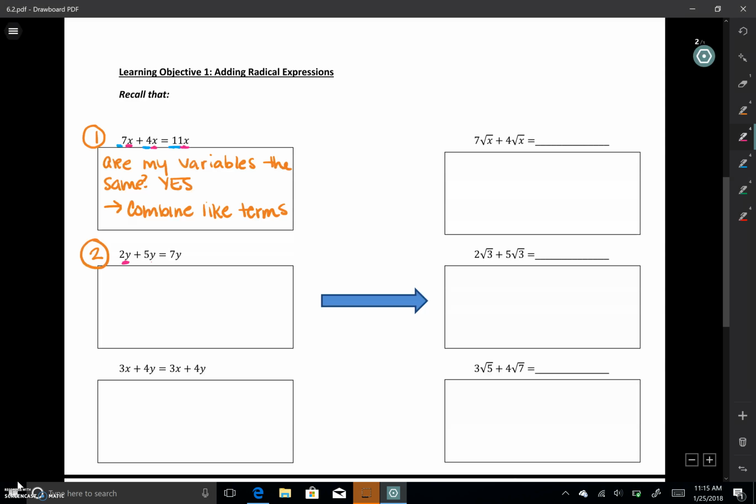I'm asking myself, do I have the same variable? The answer is yes. And so I'm going to go ahead and add my coefficients 2 plus 5 to get 7. And then I will keep that variable y so that my final answer is 7y. So once I know that I have like terms, when I combine them, I'm essentially adding the coefficients, which again are the numbers in front of the variables, and I'm keeping the variable.